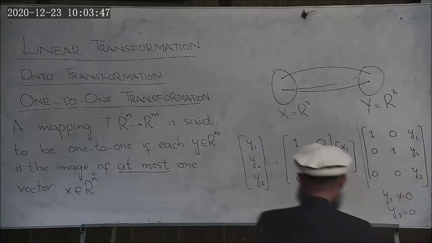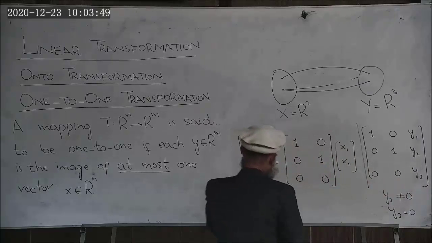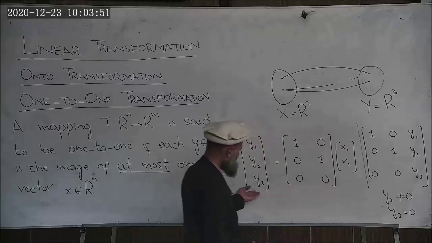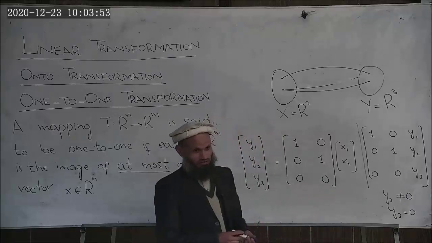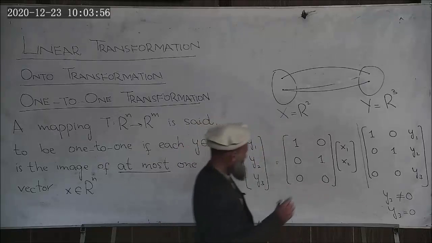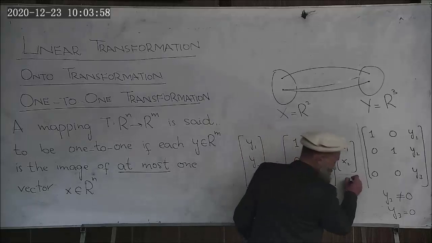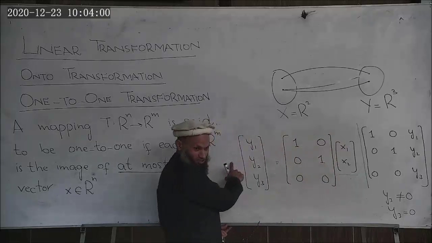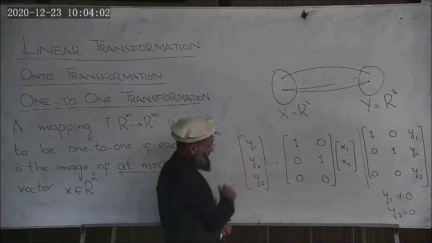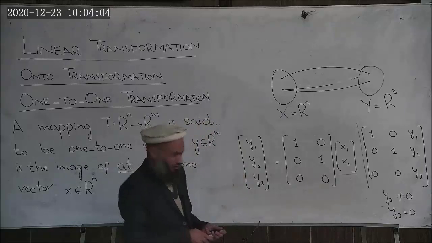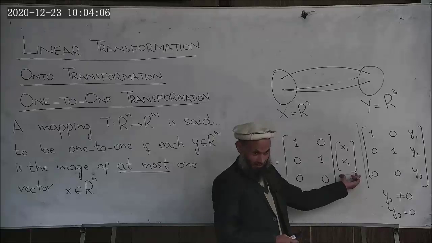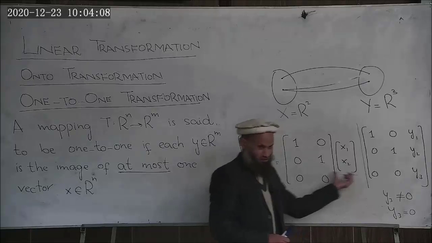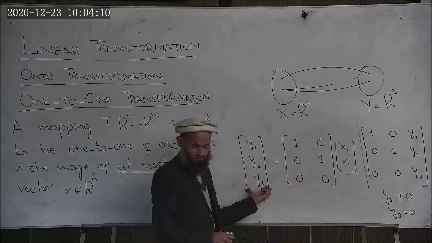So the question is, is it a transformation? A transformation is a rule which assigns to each vector in this space another vector in this space. That is satisfied for this case. Can you find any vector x for which there is no corresponding vector in this space?